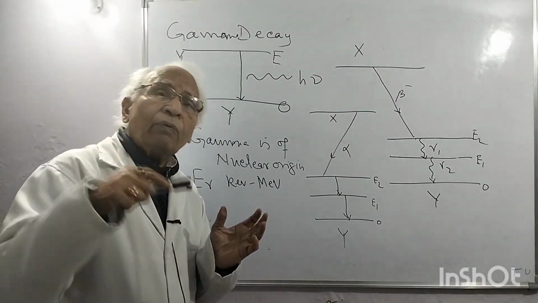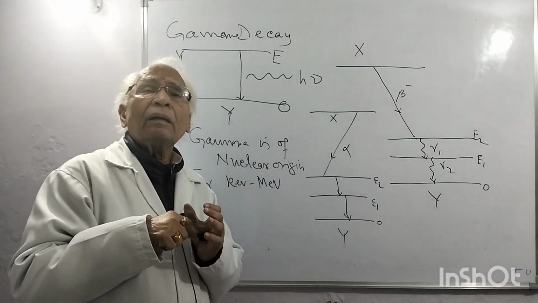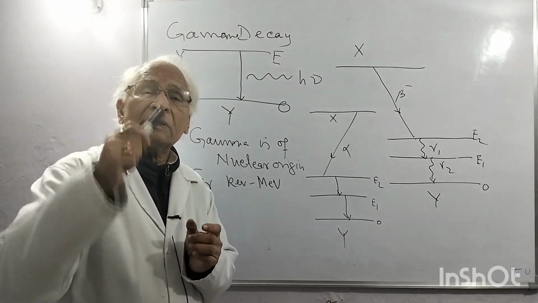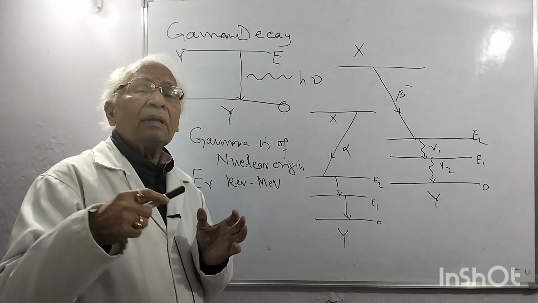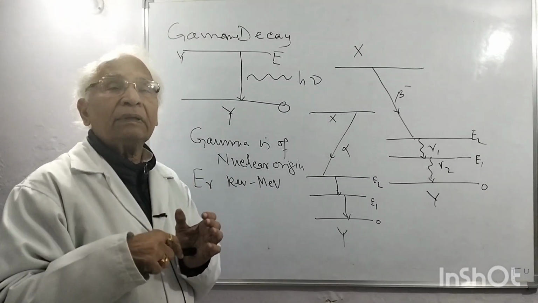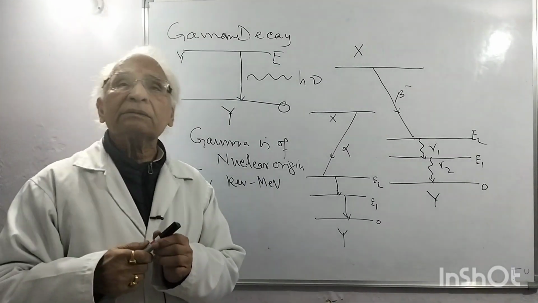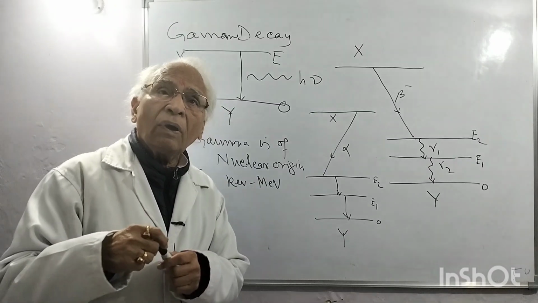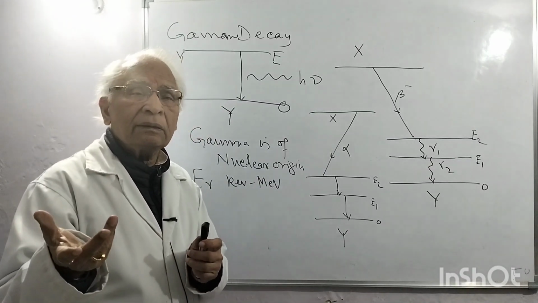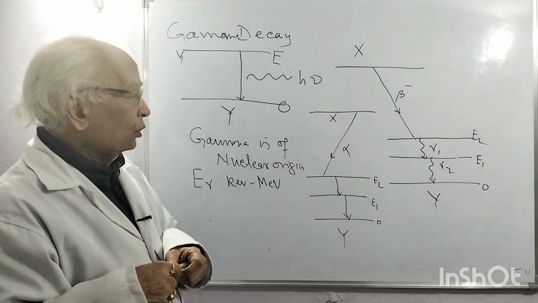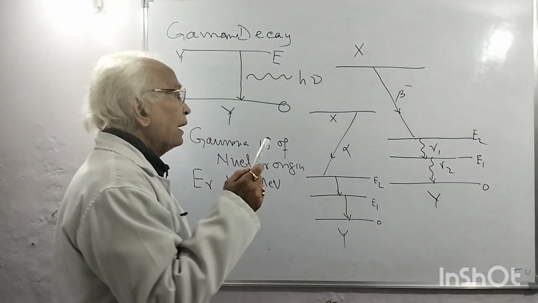X-rays or photons are emitted in atomic de-excitation, like we have the hydrogen spectrum: Balmer series, Paschen series, Lyman series, Pfund series, etc. Those de-excitations give photons in the ultraviolet range, visible range, and so on.